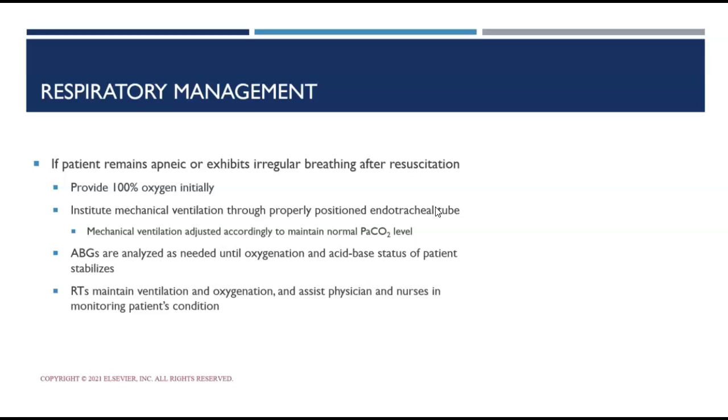We want to make sure that our ET tube is in the right position by checking with a chest x-ray. This is the time where we're going to assess cuff pressures and other things that we were too busy during the code to do. A lot of times we're going to get an ABG within 30 minutes of putting them on the ventilator to assess oxygenation and acid-base status and make any adjustments that are needed.